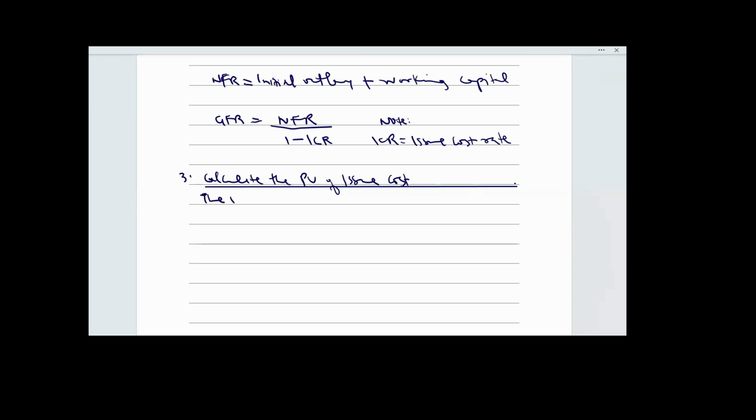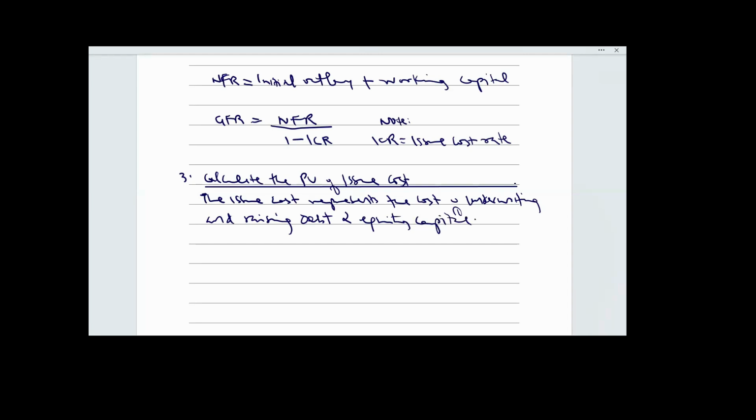The issue cost represents the cost of underwriting and raising debts and equity capital.